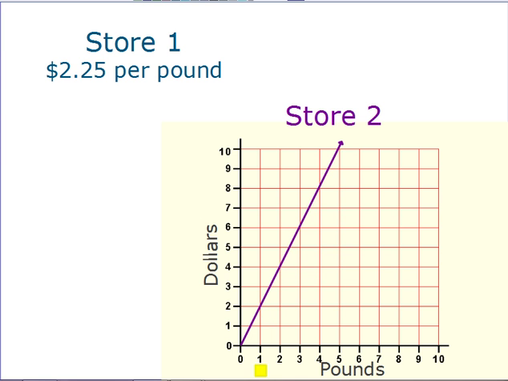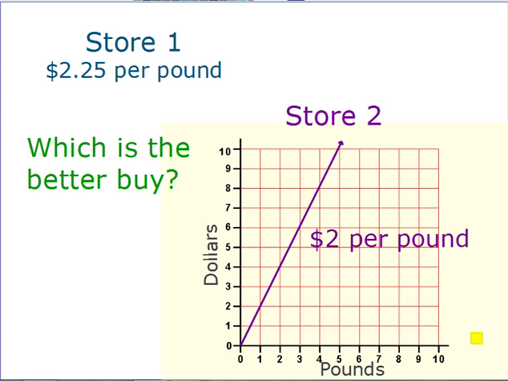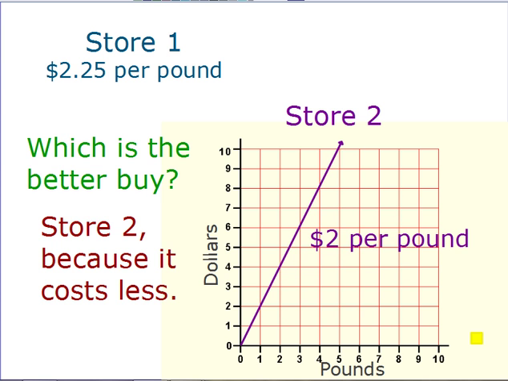Remember, your unit rate is where x is equal to 1. 1 pound is going to cost me $2. So the unit rate here would be $2 per pound. $2 per pound versus $2.25 per pound. Which is the better buy? In this case, store 2 is because it costs less.